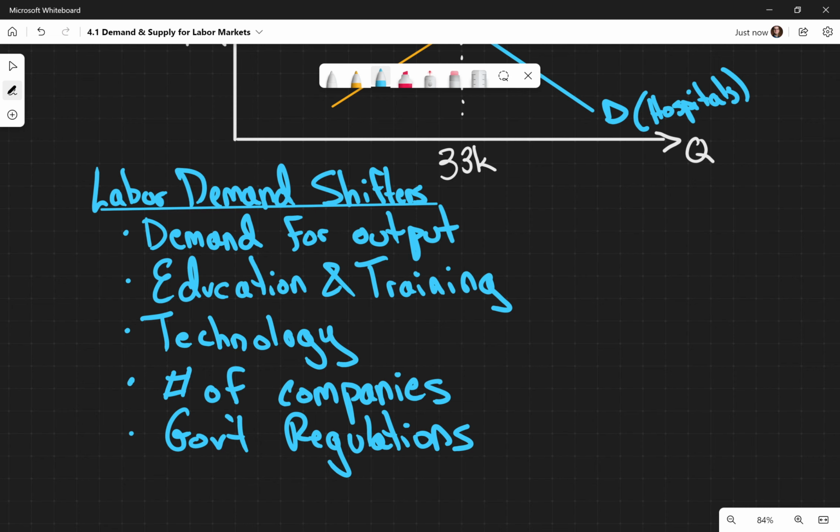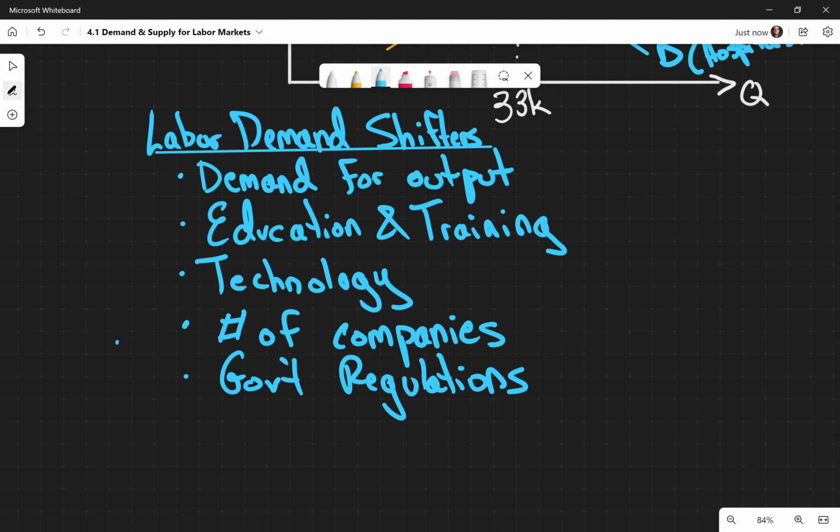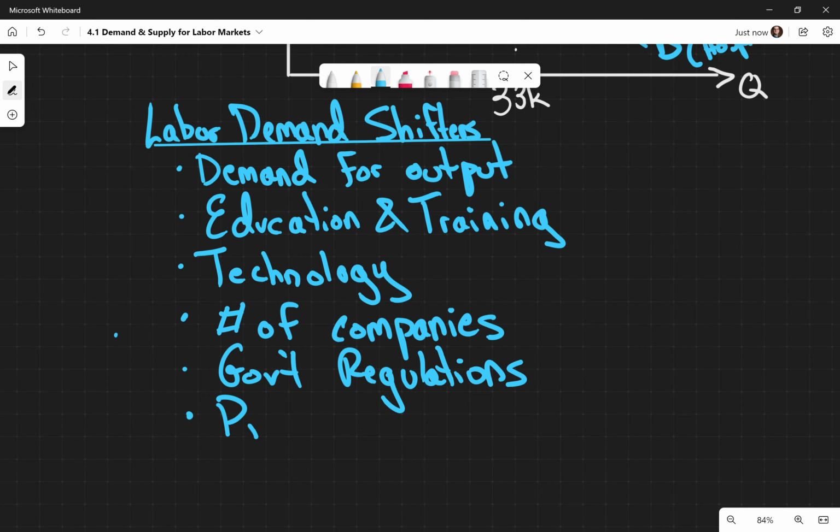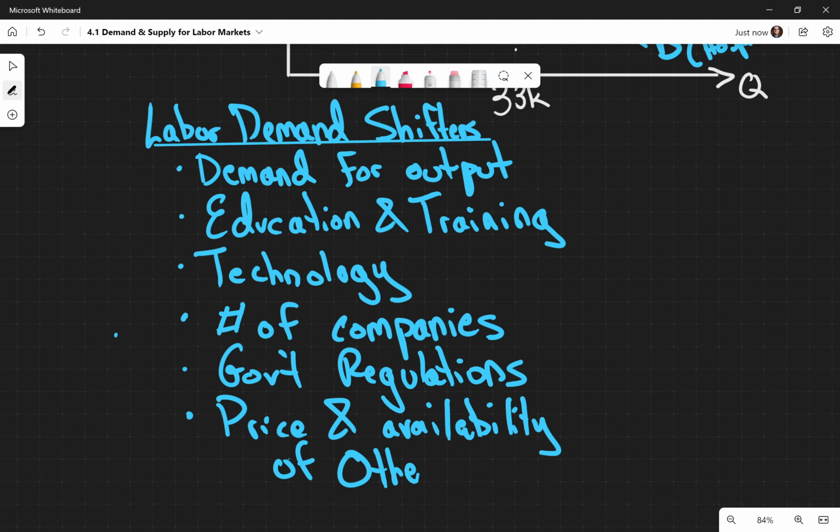And then our last one, and this again has to do with technology, is the price and availability of other inputs. So quite simply, let's say there's something that you are doing for the company, and all of a sudden, let's say that you are the engineer in charge of making the ball bearings, right?